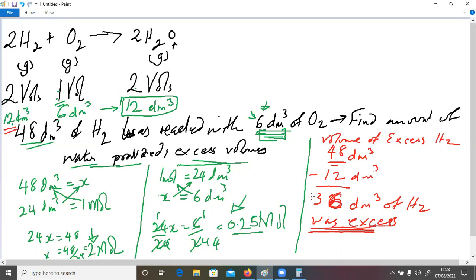Okay, so those are typical exam questions, and there isn't much that can be brought, they're just trying to confuse you here and there, but otherwise it's all the same once you understand the concept and the background. You see, we are bringing in the dm cubed, the centimeter cubed, in relation to volumes of gases at room temperature and pressure. We are bringing in the molar volumes.